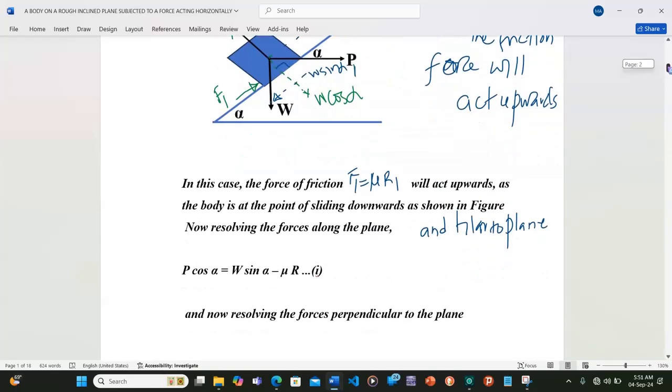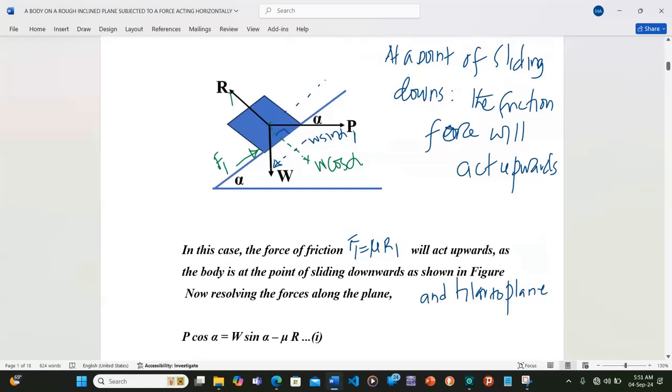Therefore, we'll see that if we move this P1 through an angle alpha, back to the plane, then we will have P1 cos alpha, which will be facing in that direction. So we have P1 cos alpha. What other force is facing in that direction? Plus F1.